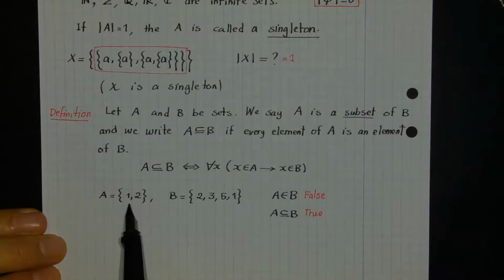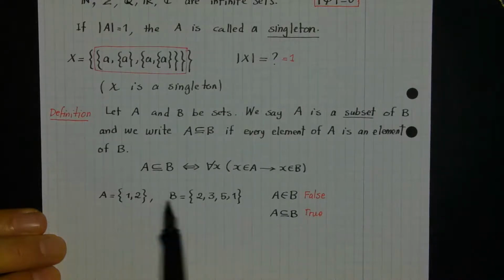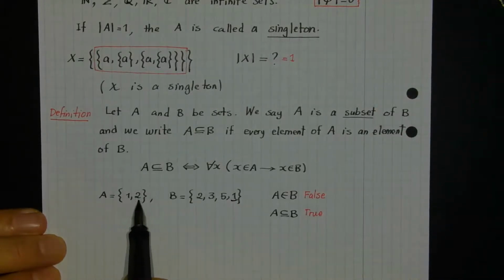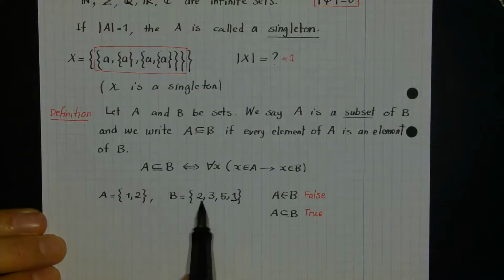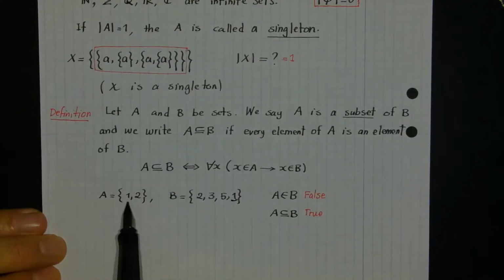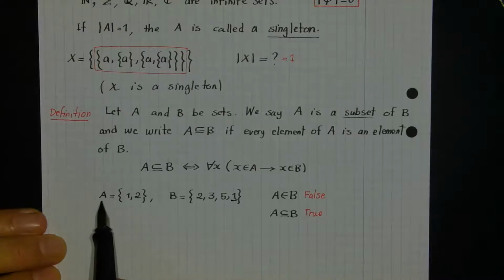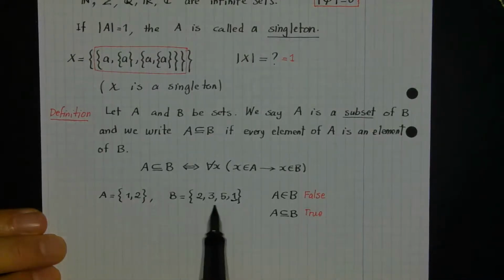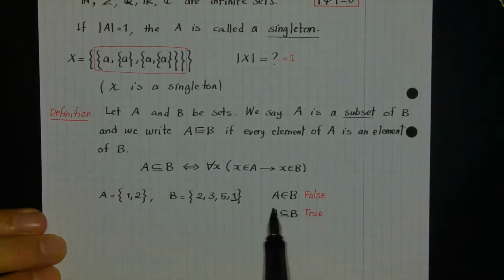And I will check: if 1 is also here, the answer is yes, because you see 1 is also here. The other element is 2. Is 2 also in B? You see, yes, that is also true. So it means that every element of the set A is also an element of set B. So this is true, but this was false.